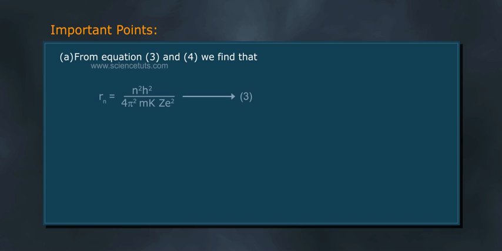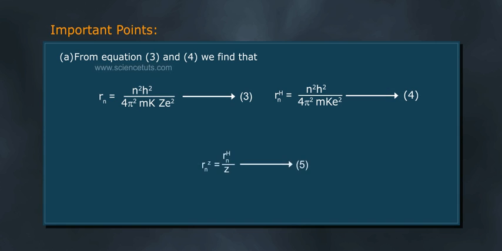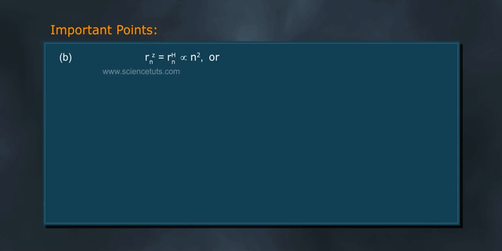Important points. A. From equations 3 and 4, we find that rnZ equals rnH by Z, equation 5. B. rnZ or rnH is directly proportional to n², or rnZ or rnH equals Cn².